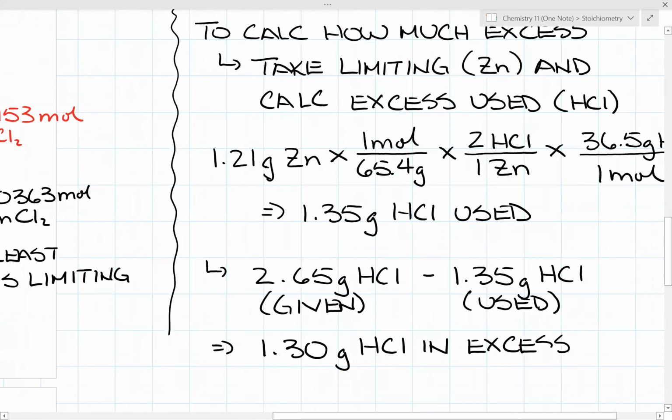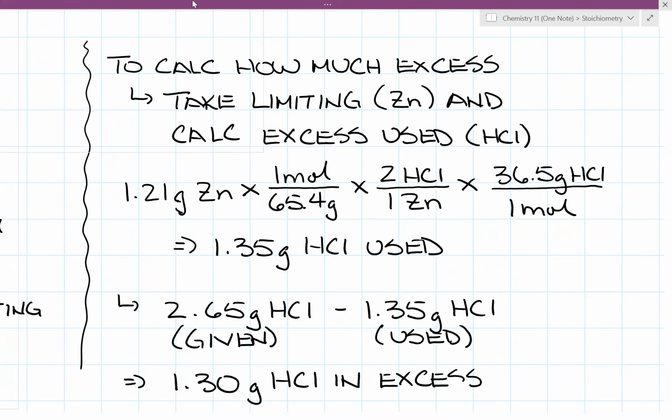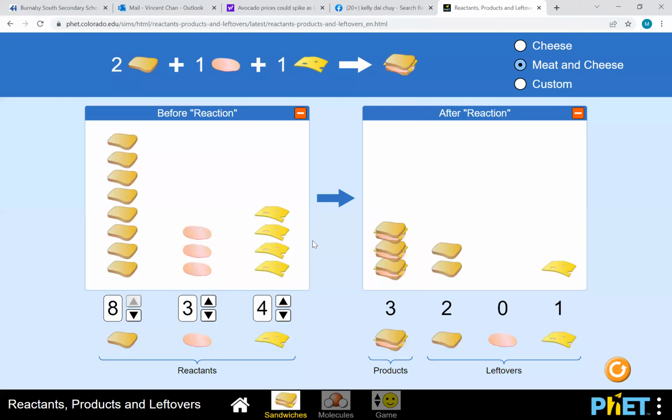Okay, so just like the sandwich that we did, using the meat, the limiting factor, and the mole ratio, you were able to calculate how much bread you would use up. In this case, it would be 6, and then you subtracted 6 from 8 to give you the answer of 2.